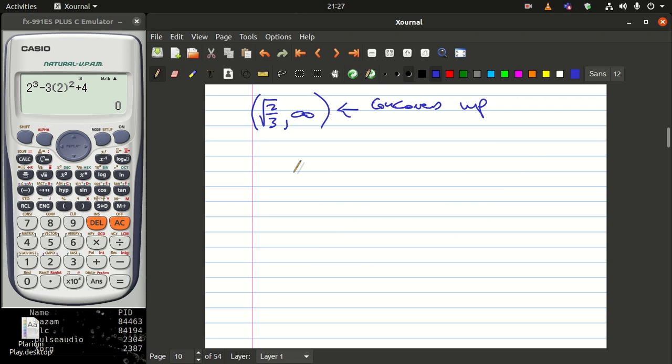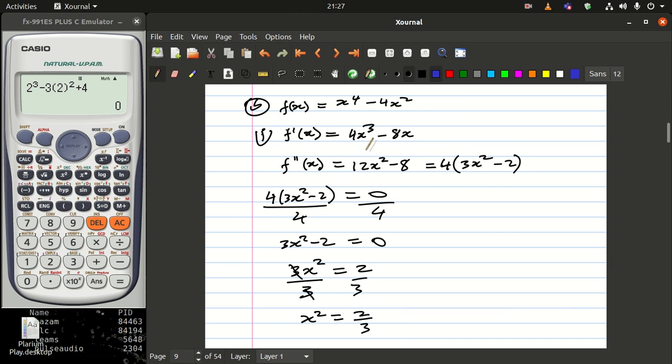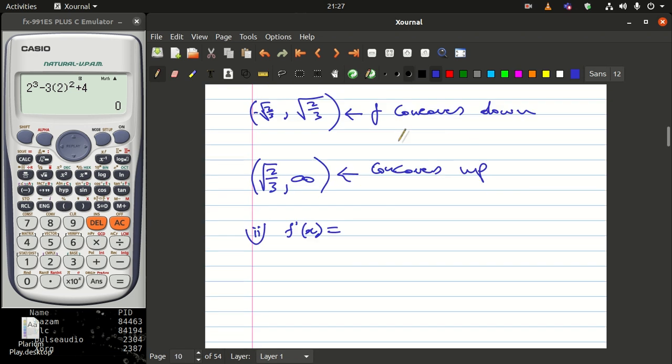And then the next thing that we wanted to talk about is to use the second derivative test to classify the critical points. First, let's find the critical points. In other words, what is the first derivative with respect to x? The first derivative with respect to x was 4x cubed minus 8x.